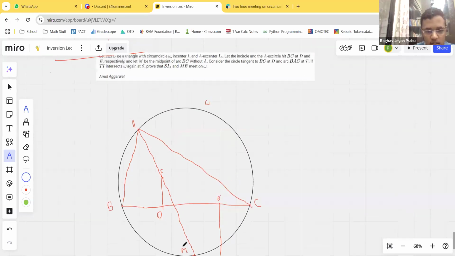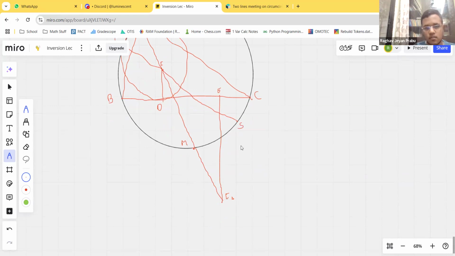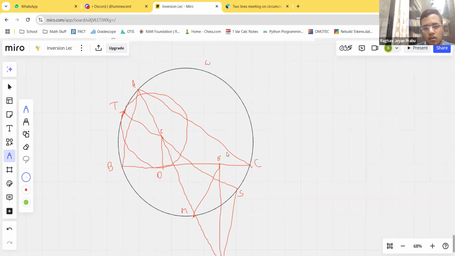And then you have a circle tangent to BC and tangent to the circumcircle. Contact point is T. Then you have TI intersecting the circumcircle again at S.